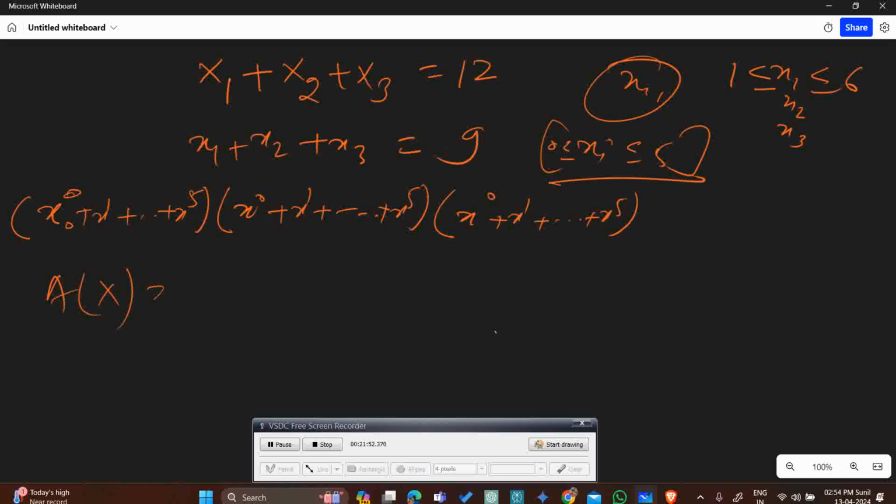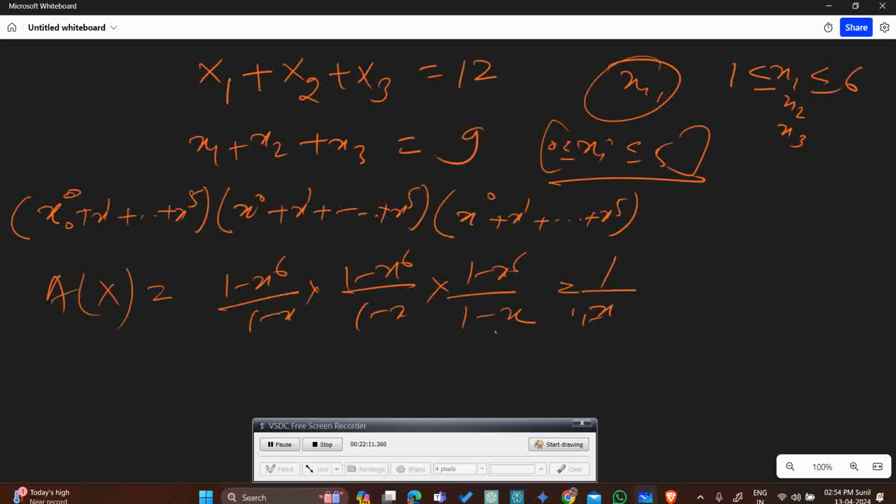The generating function for the whole question will be like this: 1 minus x to power 6 upon 1 minus x, into 1 minus x to power 6 upon 1 minus x, and 1 minus x to power 6 upon 1 minus x. This leads us to 1 upon 1 minus x to power 3, into 1 minus x to power 6, into 1 minus x to power 6, into 1 minus x to power 6, right?